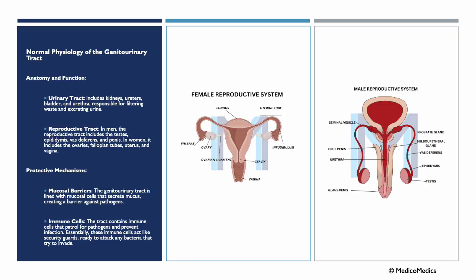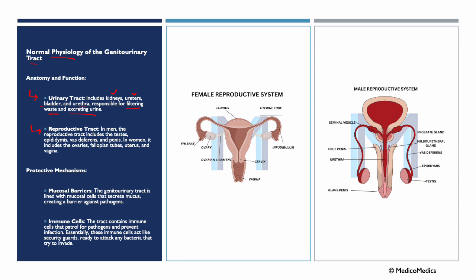Now, before we proceed to the pathophysiology of chlamydia, let us just briefly review normal physiology of the genitourinary tract. So, the urinary tract includes the kidneys, ureters, bladder, and urethra, and it's responsible for filtering waste and excreting urine. Then we have the reproductive tract.